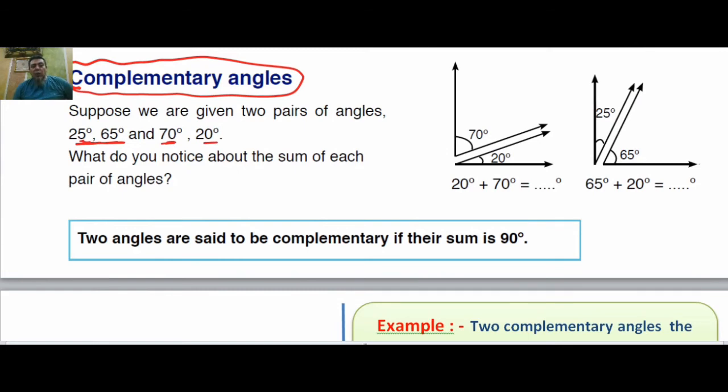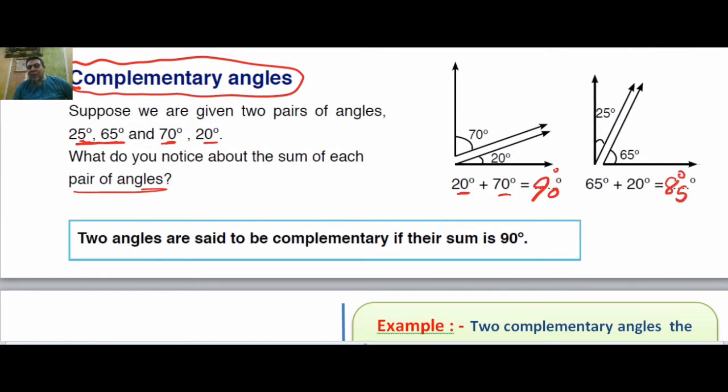What do you notice about the sum of each pair? 20 plus 70 equals 90 degrees. 65 plus 25 equals 90.